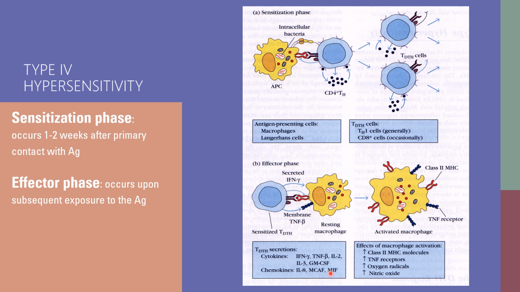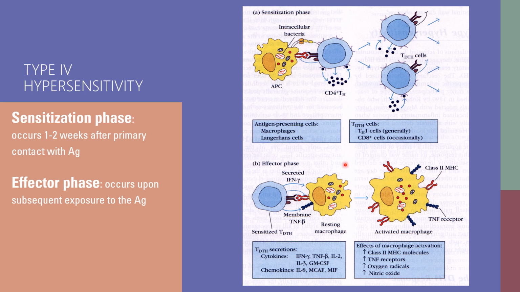So these cytokines and chemokines will recruit and activate resting macrophage. So after na-recruit si resting macrophage, so they will be activated. Ngayon, yung activated macrophage will promote phagocytic activity and increased concentration of lytic enzymes for more effective killing.